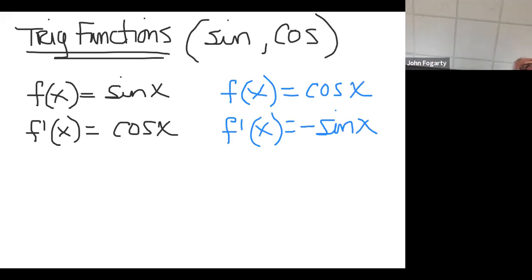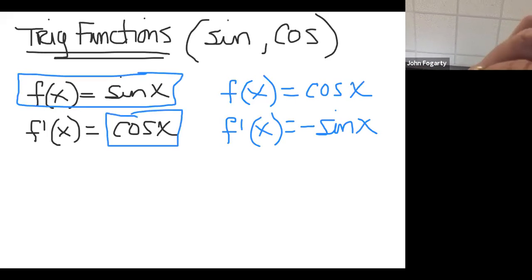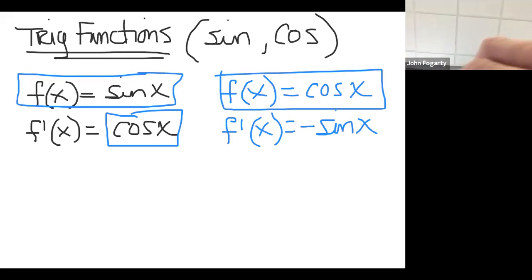Next year, you'll graph the sine and cosine functions, and then you'll see why this has to be true. But for now, all you got to do is remember the derivative of the sine of x is simply the cosine of x. The derivative of the cosine of x is the negative sine of x.